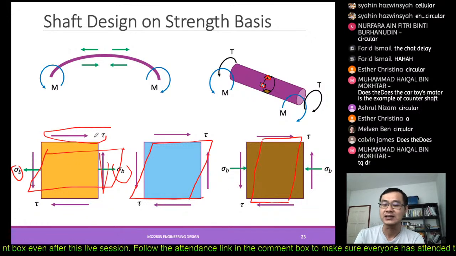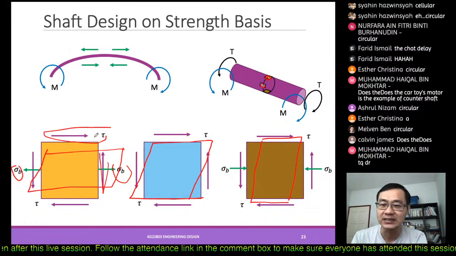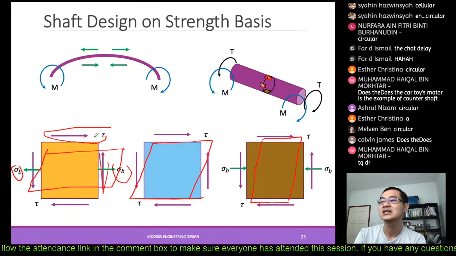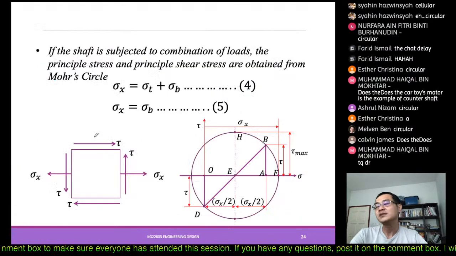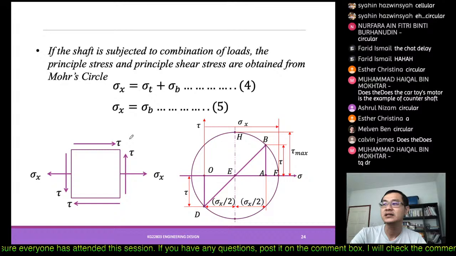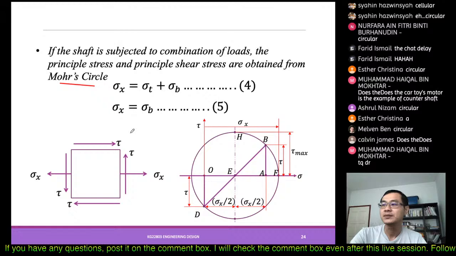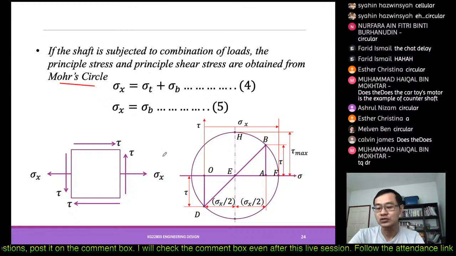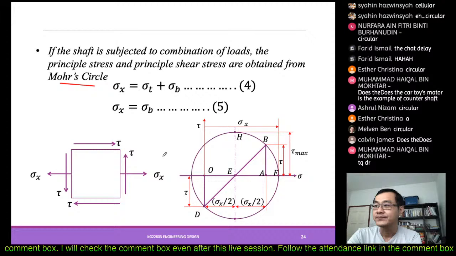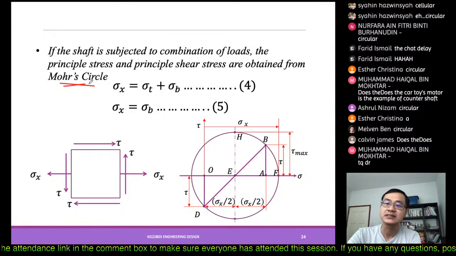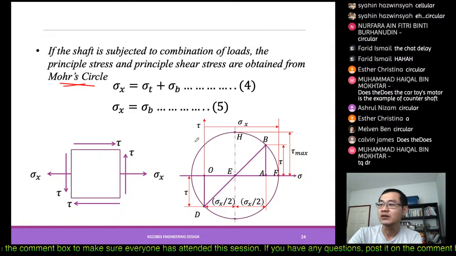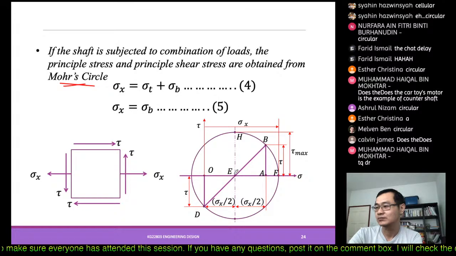That is how we can determine what actually happens at that particular point. We can always combine them together using what we call the Mohr circle principles. I guess this may not be that important for you, so we will just quickly go through the idea. This is the Mohr circle developed by the famous Mr. Mohr.